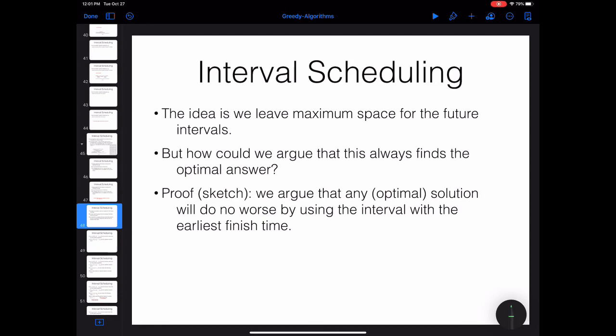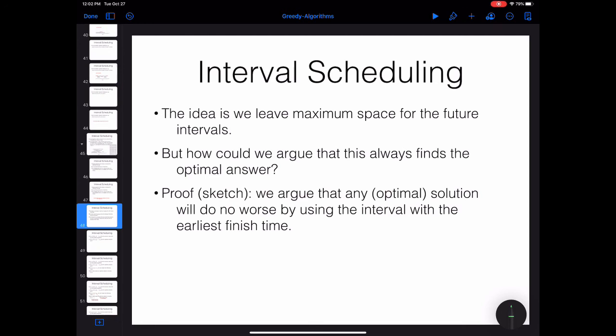But how can I actually prove this? I'm going to prove it by comparing, something kind of similar to the proof that we discussed for the fractional knapsack, the solution that the greedy strategy gives me and an optimal solution.